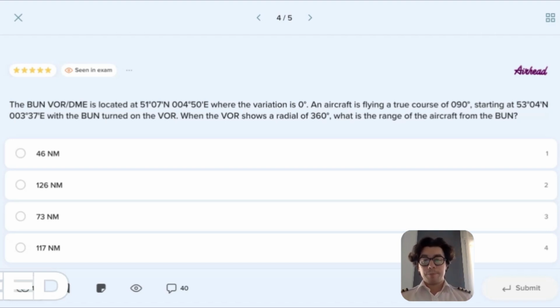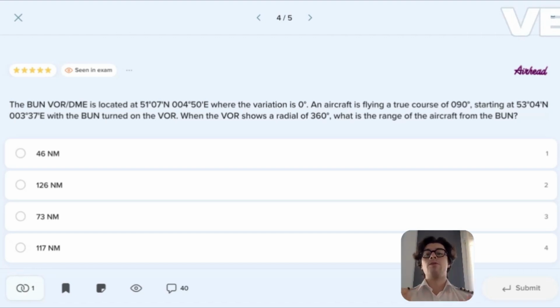Our aircraft is flying to the right side, so it's keeping its latitude. So the 51 degrees and 07 minutes north will not change at all for the VOR, of course, but for our aircraft as well. So 53.04 north is not changing as we're following a true course of 90 degrees.